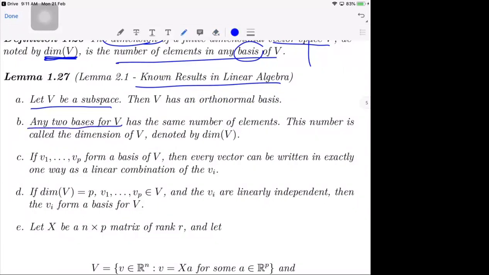Any two bases for V have the same number of elements, because if you recall, the dimension of V is the number of elements in any basis. So this number is called the dimension of V.